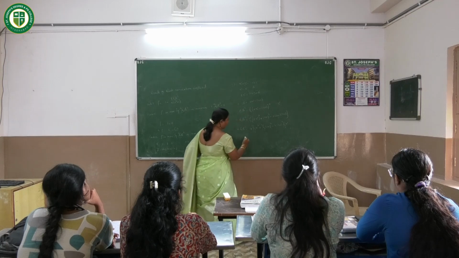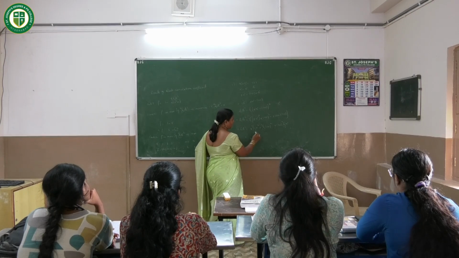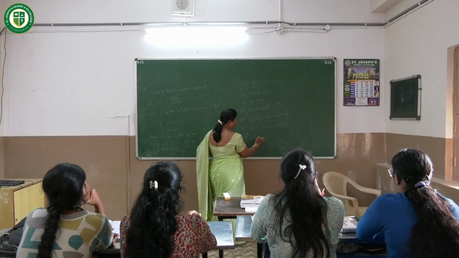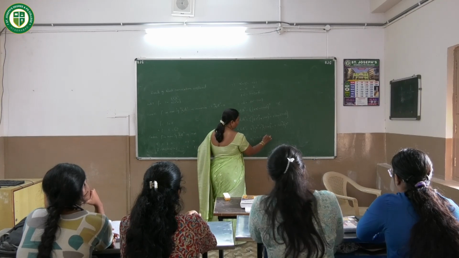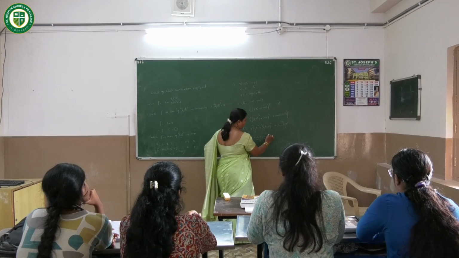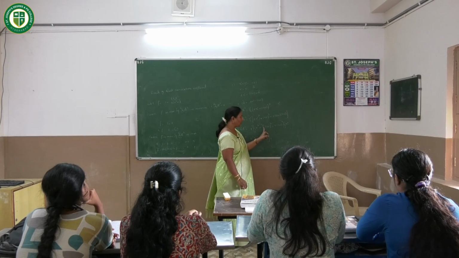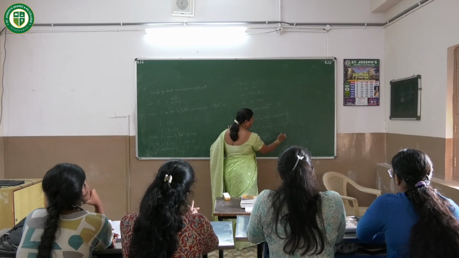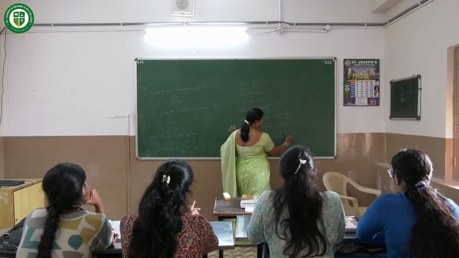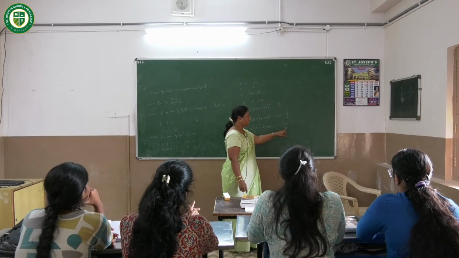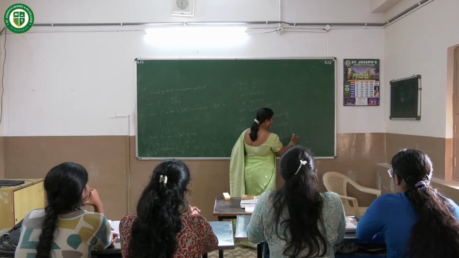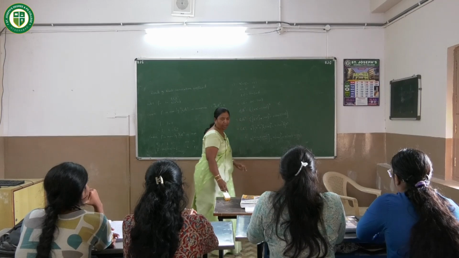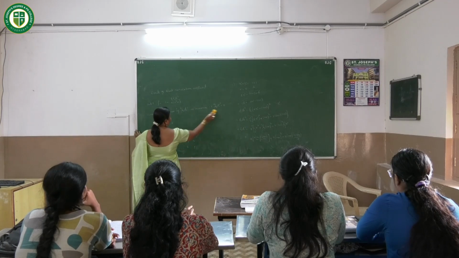No need of these brackets, which is equal to 4 times sum of square terms. Sum of square terms is n into n plus 1 into 2n plus 1 by 6, plus this is constant, total summation becomes n, so we get n into n plus 1 whole square, minus 4 times n plus 1 summation xi, sum of n terms, this is nothing but n into n plus 1 by 2.